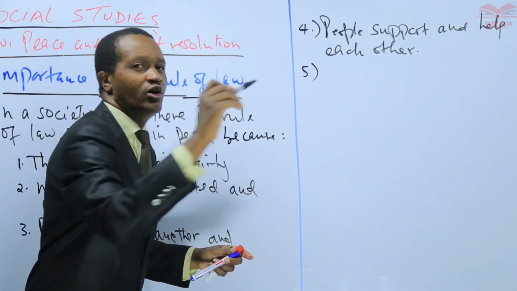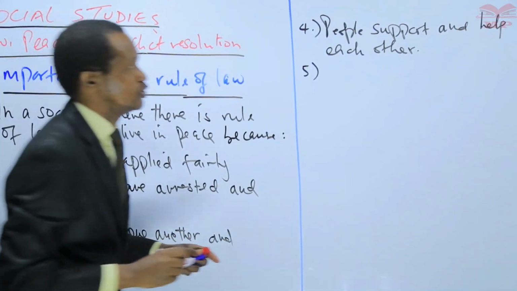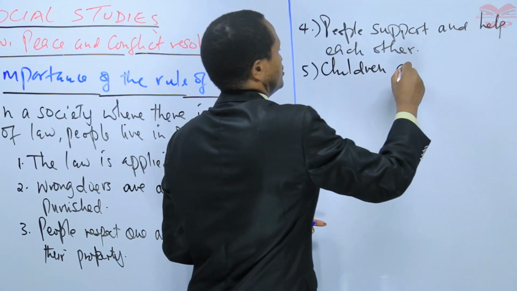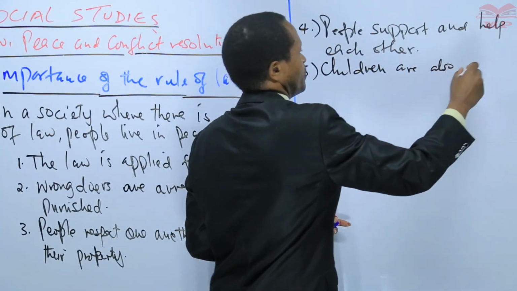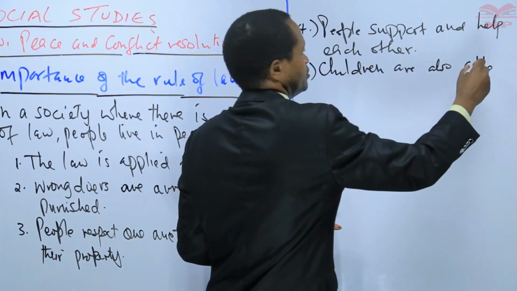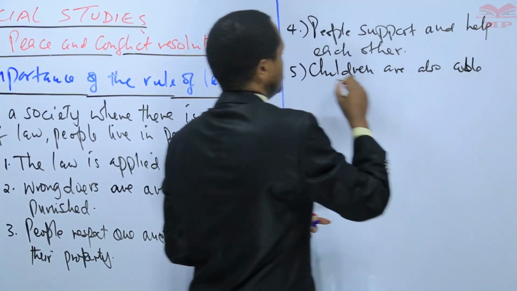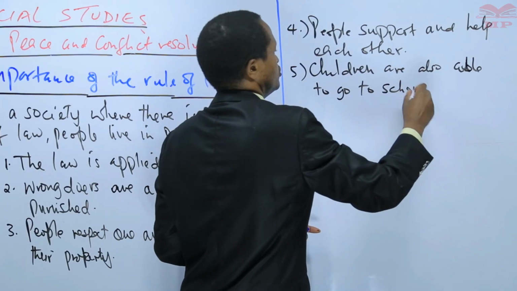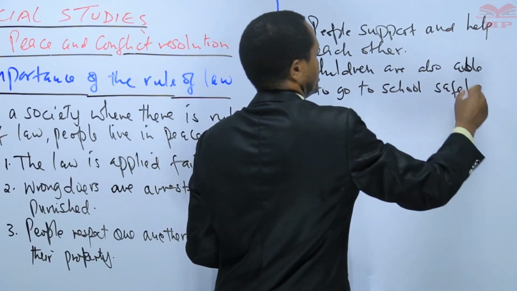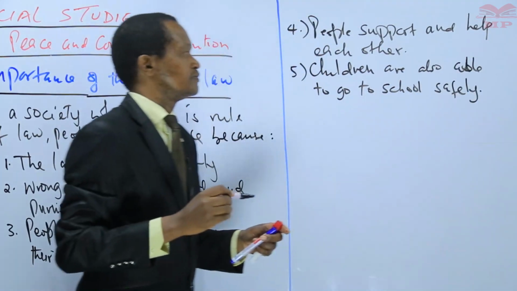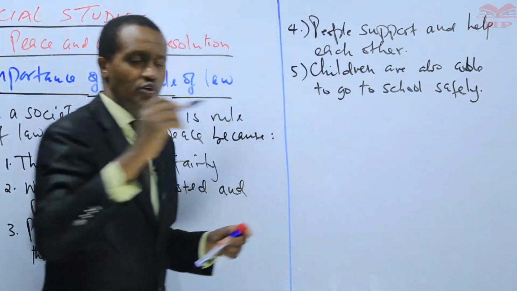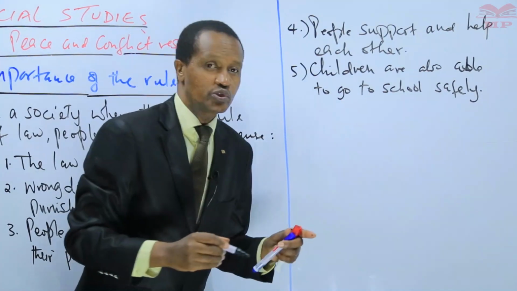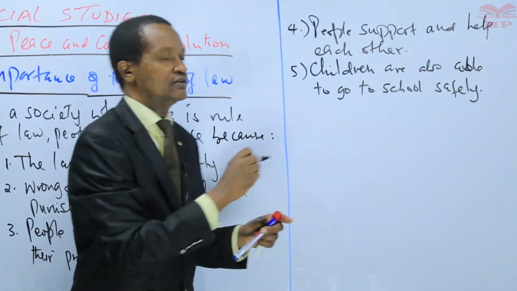Children are also able to go to school safely. Let me add safely. Because of rule of law. Children are also able to go to school safely.